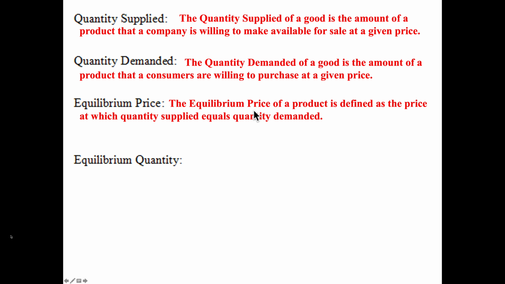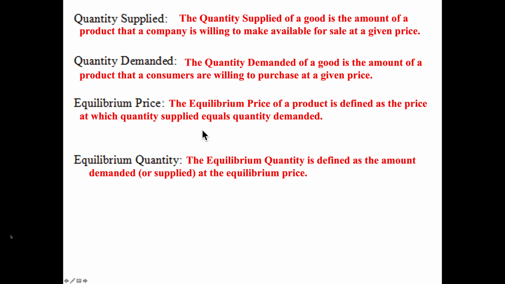So equilibrium price of a product is defined as the price at which both quantity supplied is equal to quantity demanded. Equilibrium quantity is defined as the amount of demand or supplied at that equilibrium price. So once you find equilibrium price, you can find equilibrium quantity.